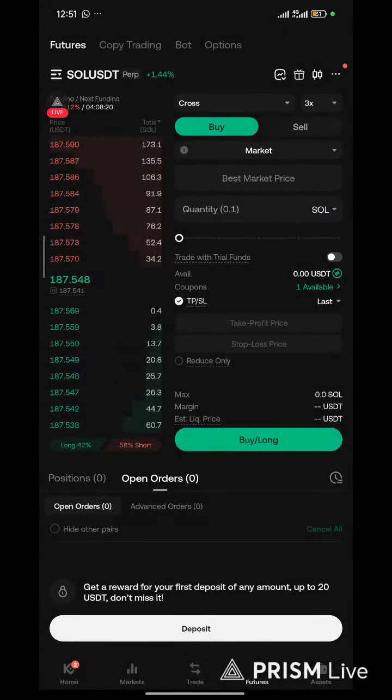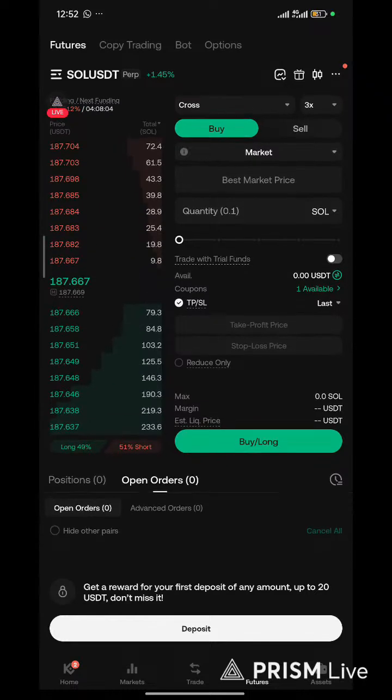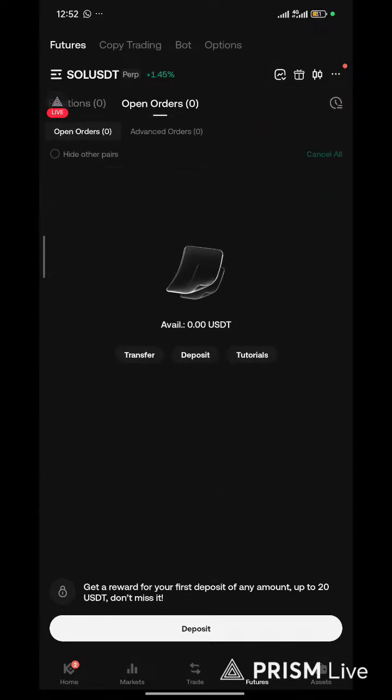The trade is going to trigger immediately without waiting for it to reach 209 or so. So that is it. So maybe in our next tutorial, we're going to explore more tokens and how to use tools and indicators to trade in futures trading.